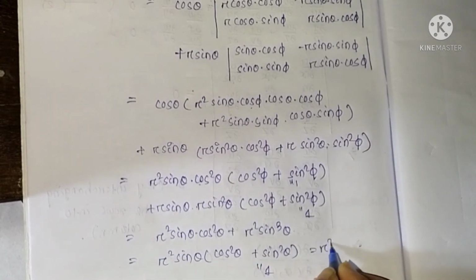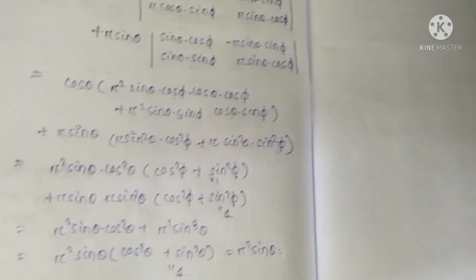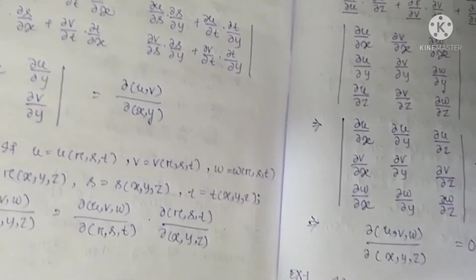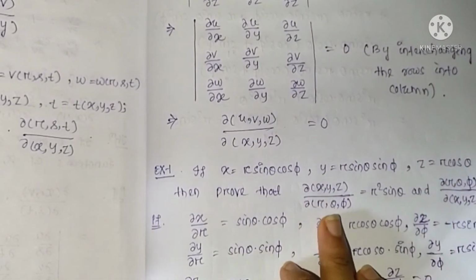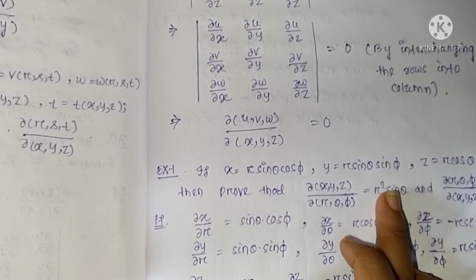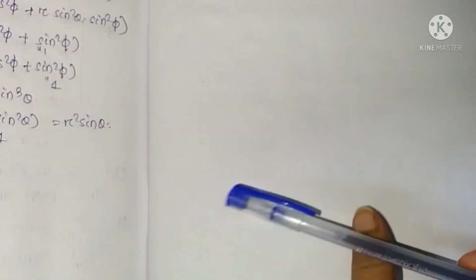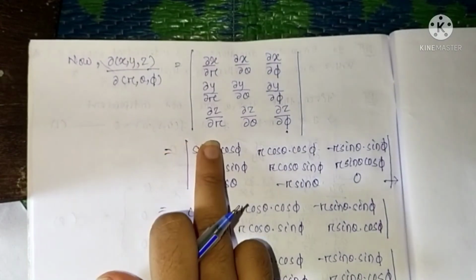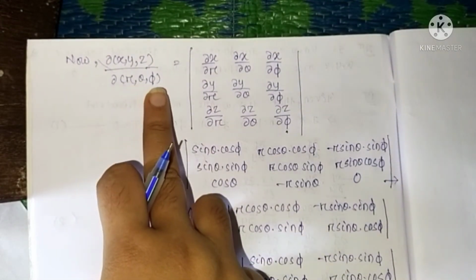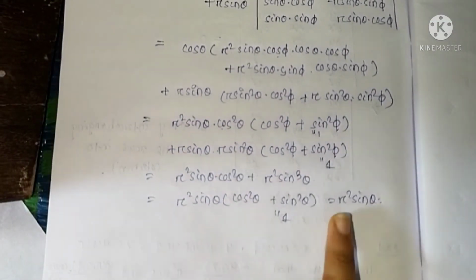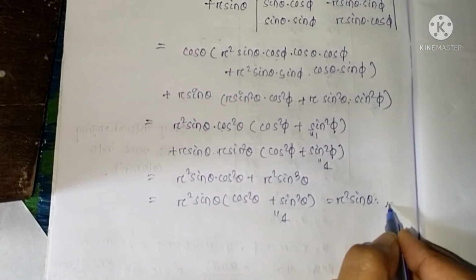So we get r² sin θ. So our question to show that ∂(x,y,z)/∂(r,θ,φ) is r² sin θ, and we get that it is r² sin θ. So one proof is done.